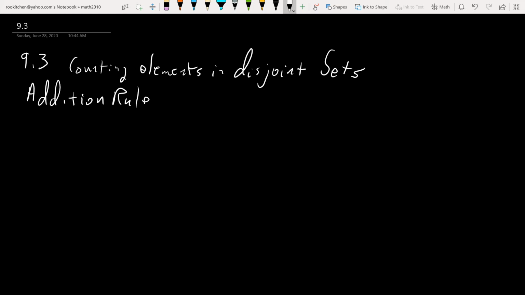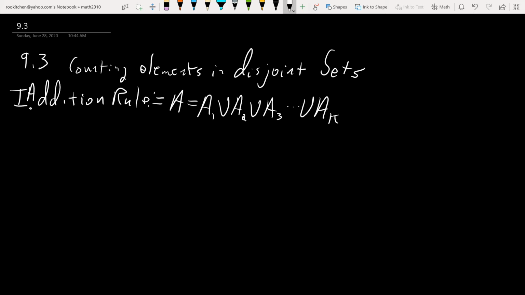Okay, so in particular, if you can write your universe or your sample space as a union of disjoint subsets, then they're disjoint, so I have to make a statement like A sub i intersect A sub j is empty when i is not equal to j.